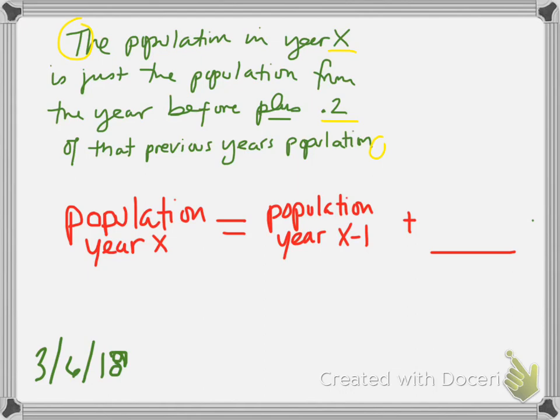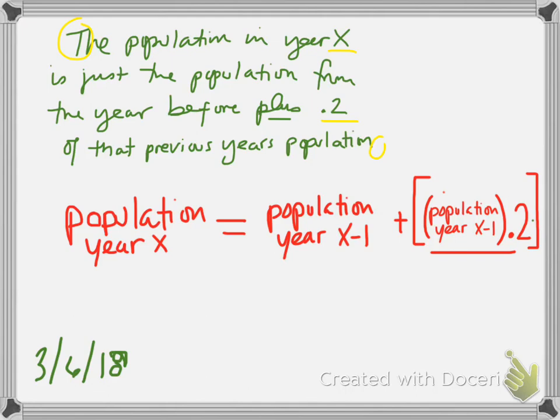Okay. So how do we express that we're adding 0.2% of the population? Well, we could do this. So hey, look at that. The population for any year is just equal to last year's population plus last year's population times 0.2. That's a word equation. Why is it a word equation?